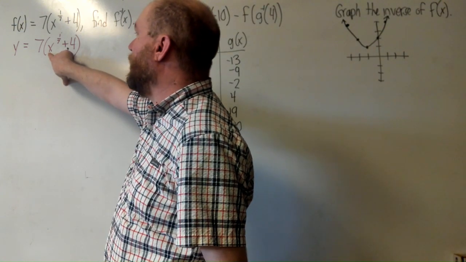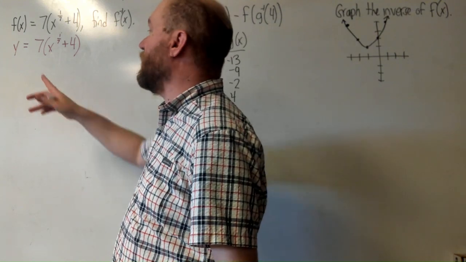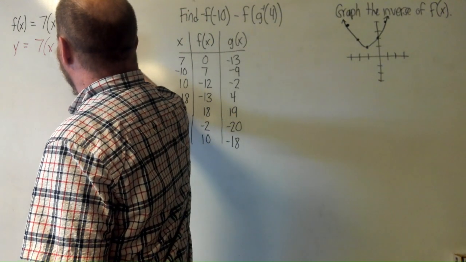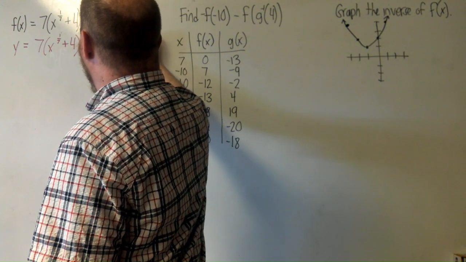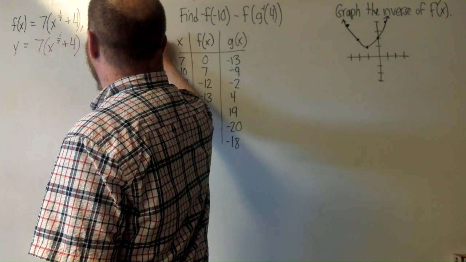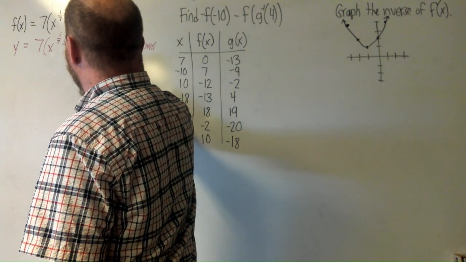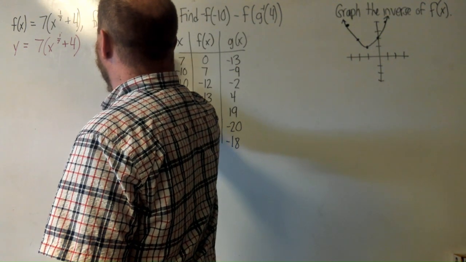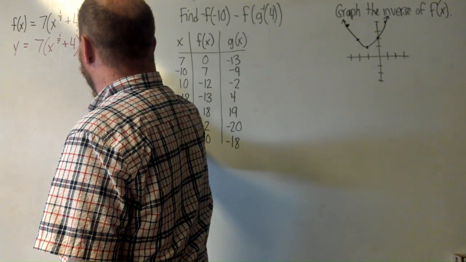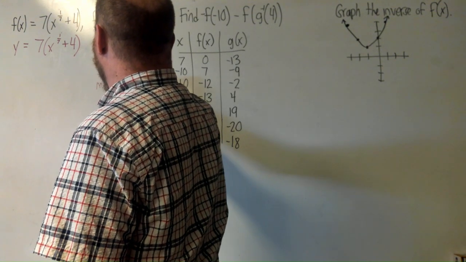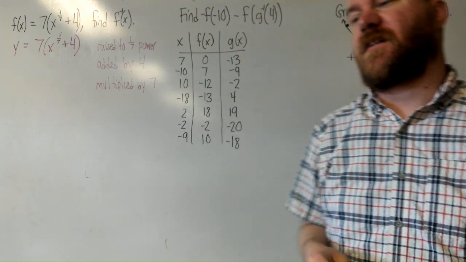So I know the value of x, what's going to happen to it in the order of operations? Well, first, it's going to be raised to the 1/7 power. It's going to be added by 4. And then it's going to be multiplied by 7. That's everything that's happening to the x right now before I find the inverse.